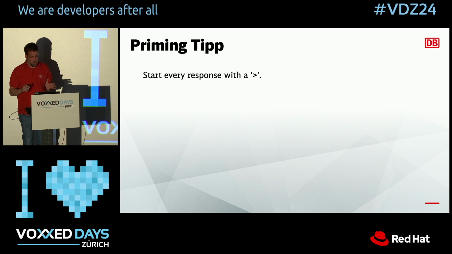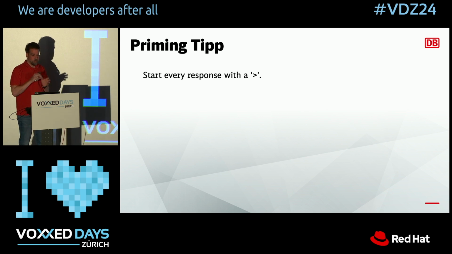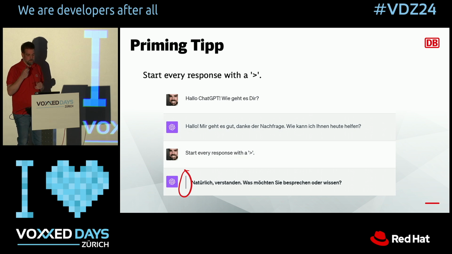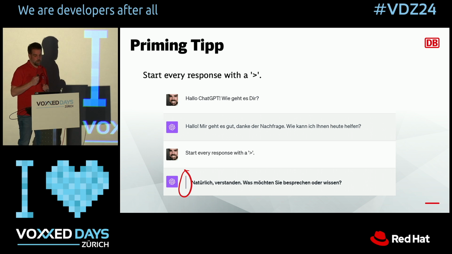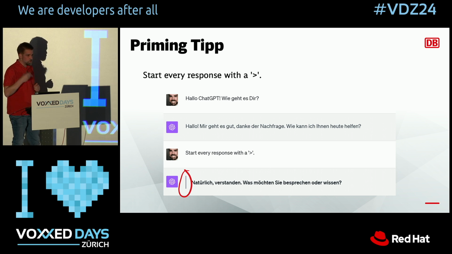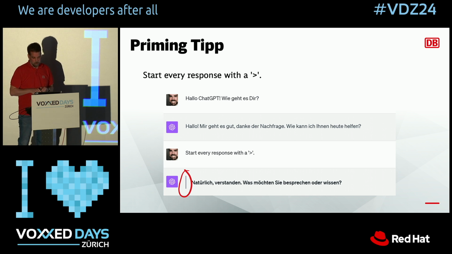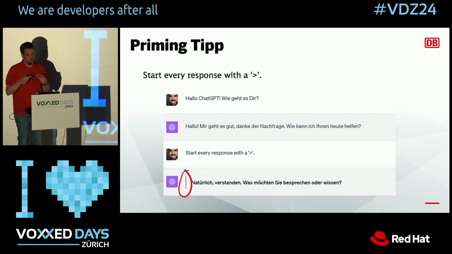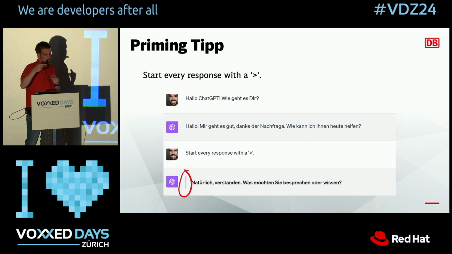So, first priming tip: I start every session with the prompt that ChatGPT should start every response with a greater sign. Why? Because it produces markdown output, and in markdown it's just the quote mark, the line on the left, and this way I can see whether my first statement ran out of context or not.